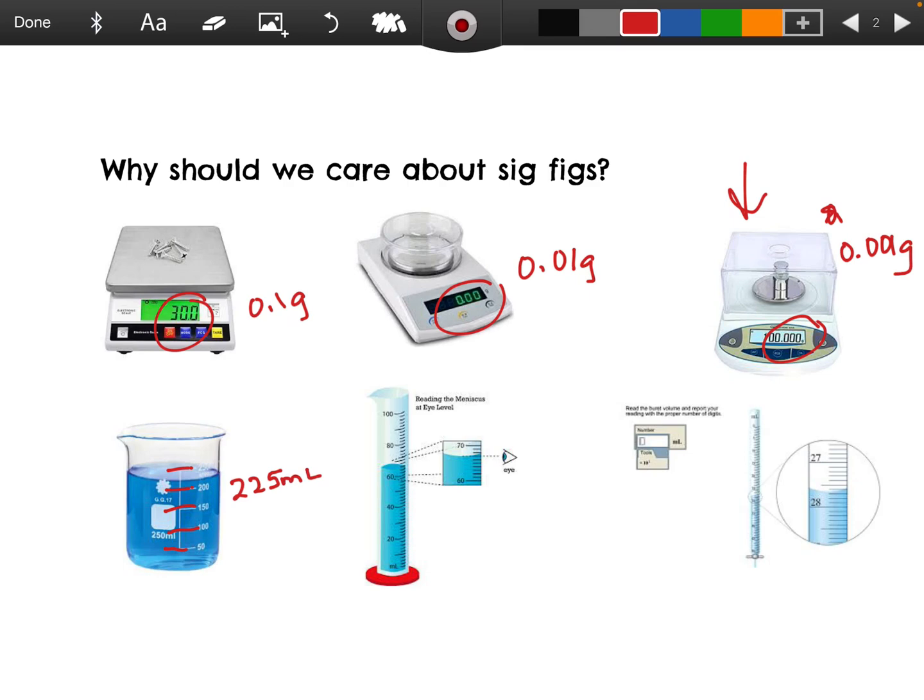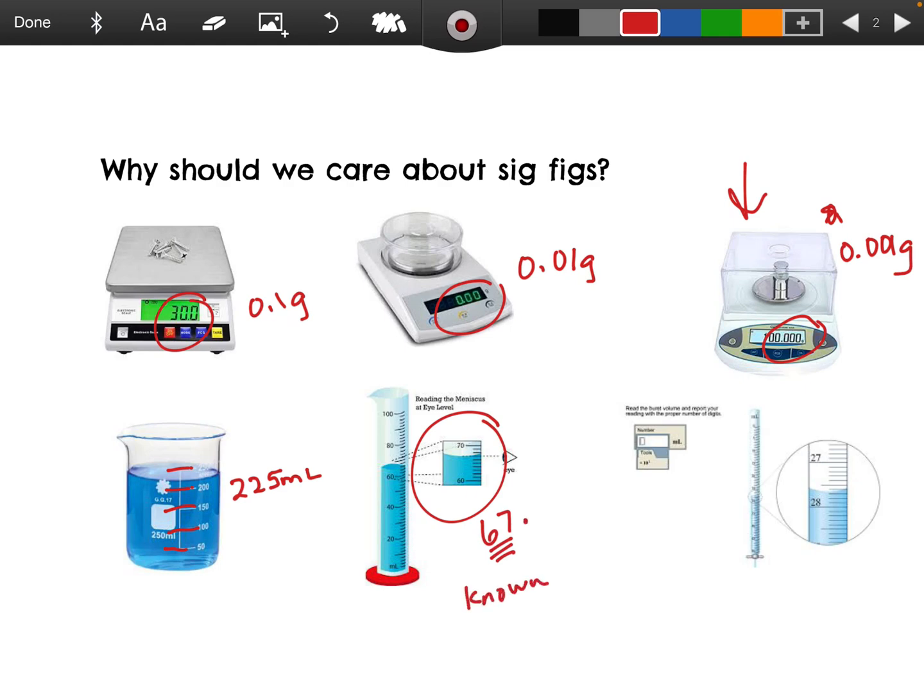If we look at the second picture, which is a graduated cylinder, if you look at the magnified view, we have markings at 60, 61, 62, 63, 64. So this measuring device, if we were going to measure this liquid, we know it's at least 67. So those are our known markings.